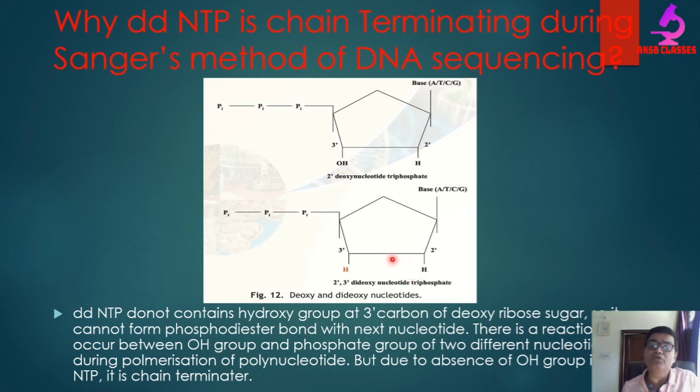So there is no polymerization due to the absence of this hydroxy group in the ddNTP nucleotide. That's why ddNTP is a chain terminator.